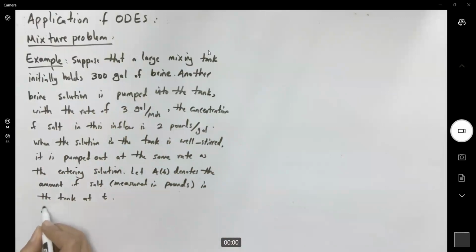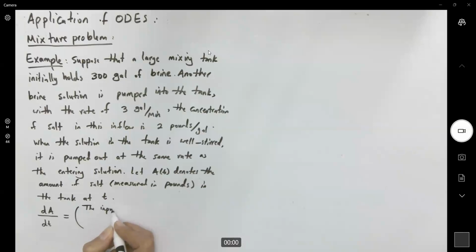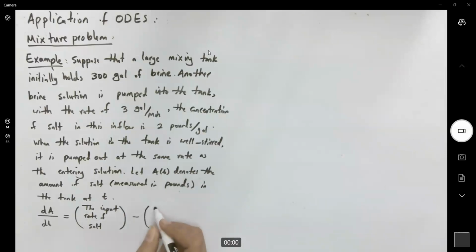The rate of change at which the amount of salt is changing with respect to time can be written as the input rate of salt minus the output rate of salt, which is actually just the net rate.